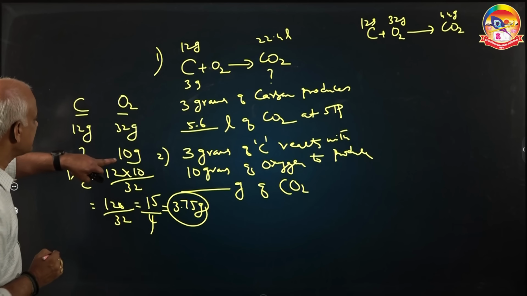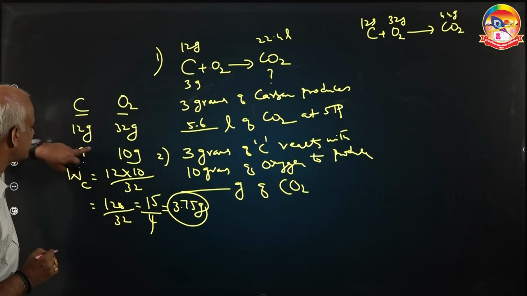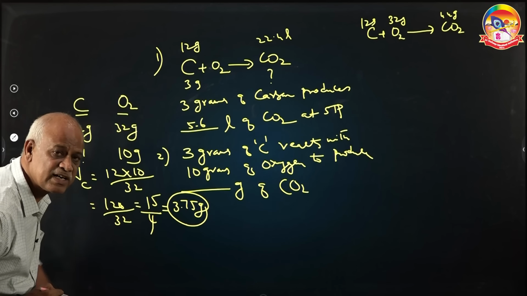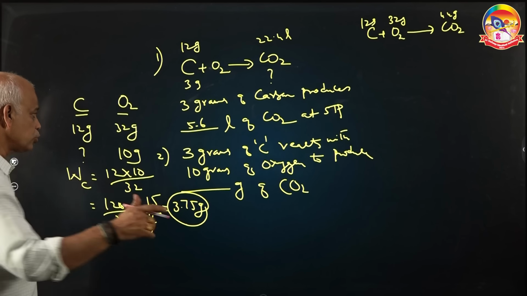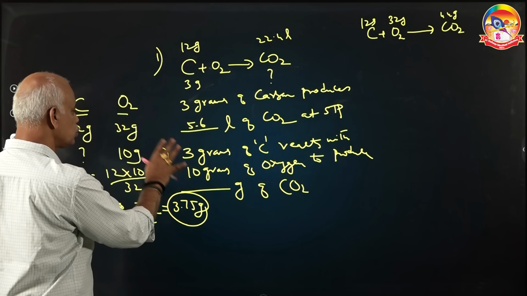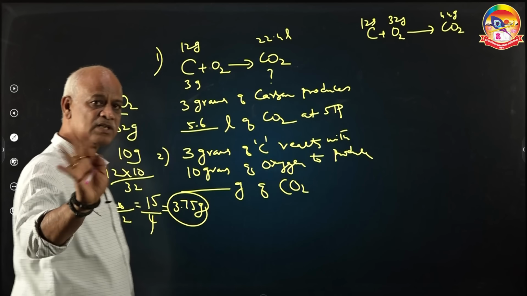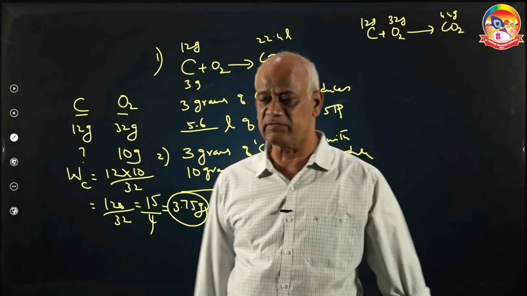So for this 10 grams of oxygen to react, you require 3.75 grams of carbon. But do you have 3.75 grams? No, you have only 3 grams. So this is not the correct path that we should follow.